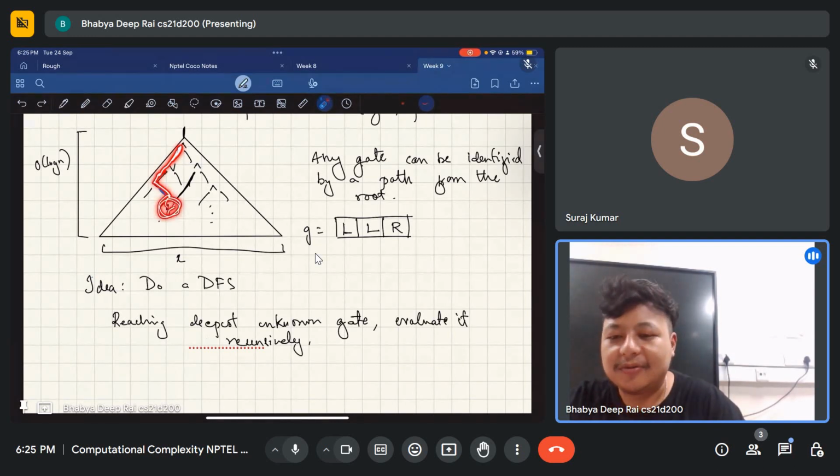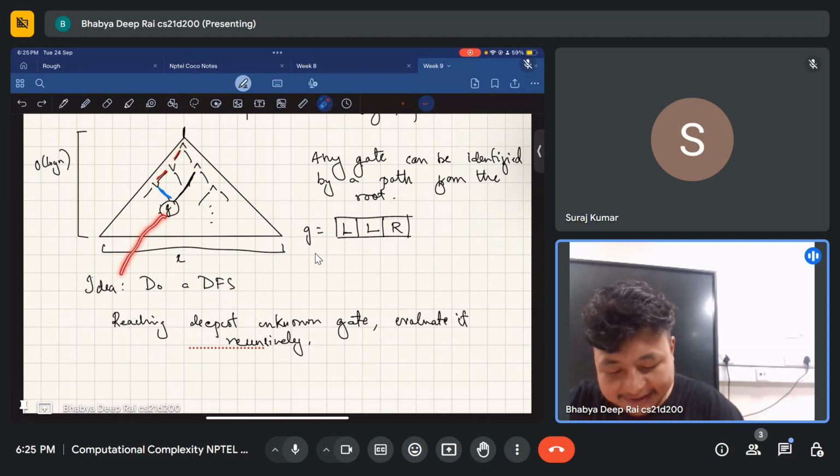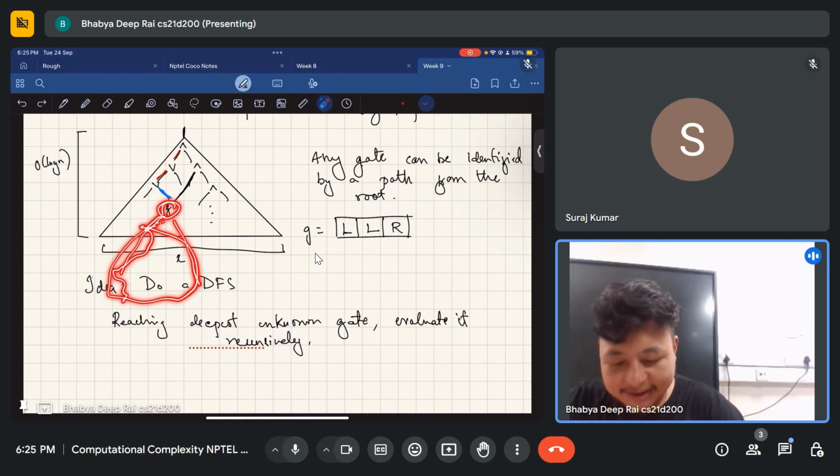And I don't know the value. And below this, let's say I know the value. And deepest unknown gate. When I reach this gate, and let's say there are a series of other gates below there, I recursively evaluate this. How do I do that? I again go down some path, and then for each of those gates, again, I go down some path.